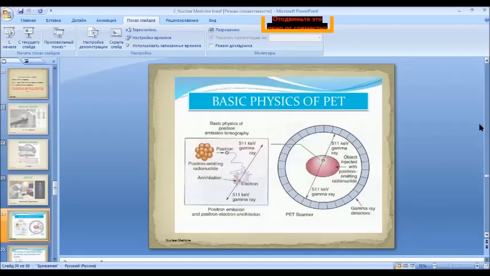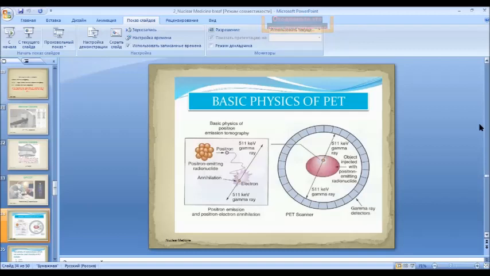Positron emission tomography. We use some different techniques. I mean that in positron emission tomography, we use positron-emitting radionuclides. Positrons are particles with positive charge and mass equal to electron.